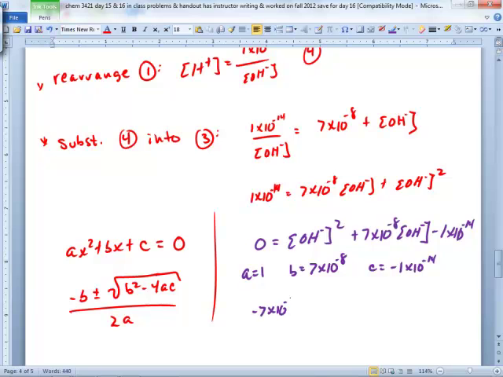And I'm going to have to write stuff down, otherwise I'm not going to remember what the heck I'm doing. B squared.